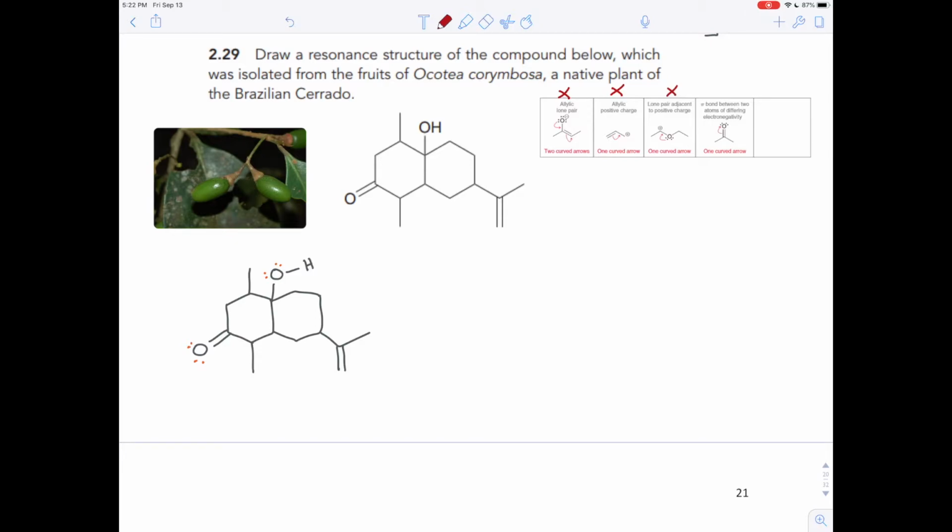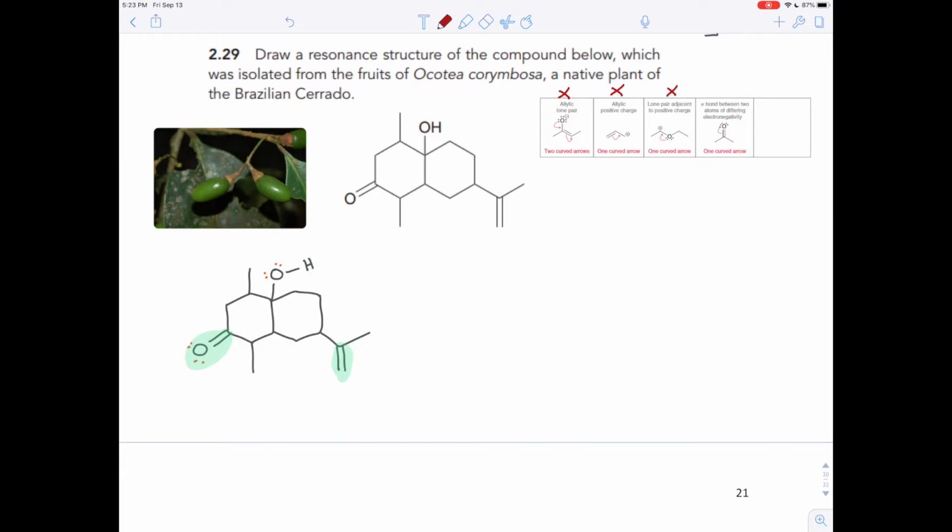How about a pi bond between 2 atoms of differing electronegativity? We have 2 pi bonds in the molecule. We have a pi bond at the bottom right. Remember, pi bonds are every bond after the first bond that you form. And then we have another pi bond over here, sort of at the bottom left.